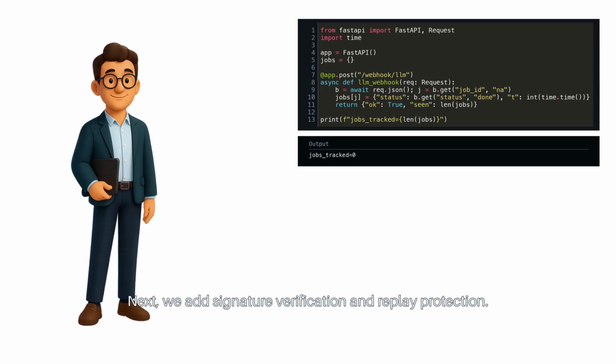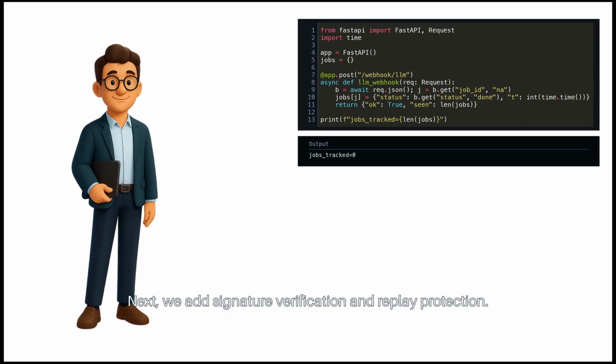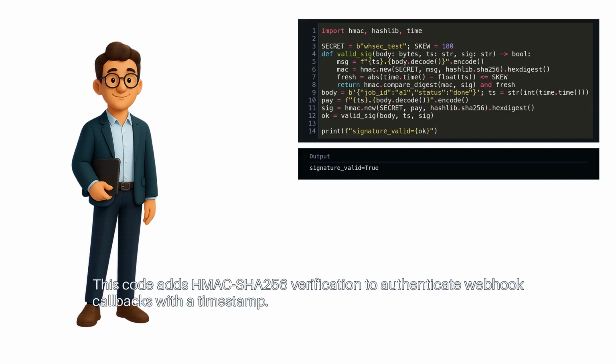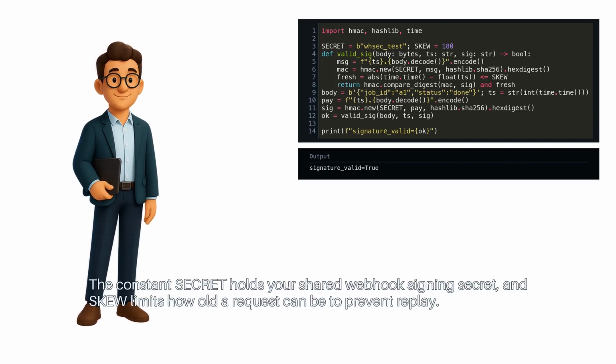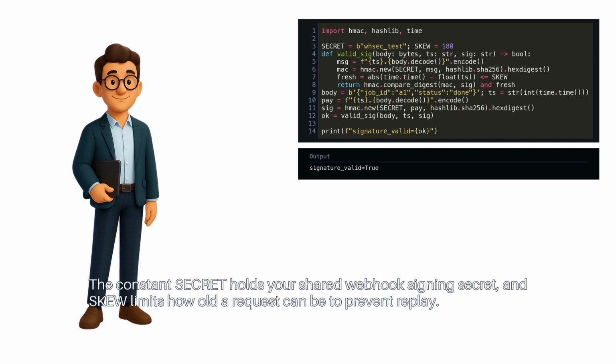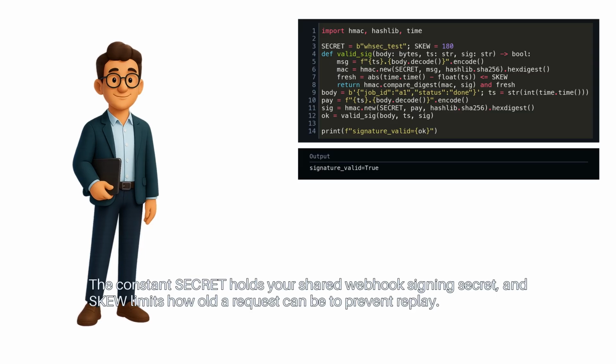Next, we add signature verification and replay protection. This code adds HMAC SHA-256 verification to authenticate webhook callbacks with a timestamp. The constant SECRET holds your shared webhook signing secret, and SKEW limits how old a request can be to prevent replay.